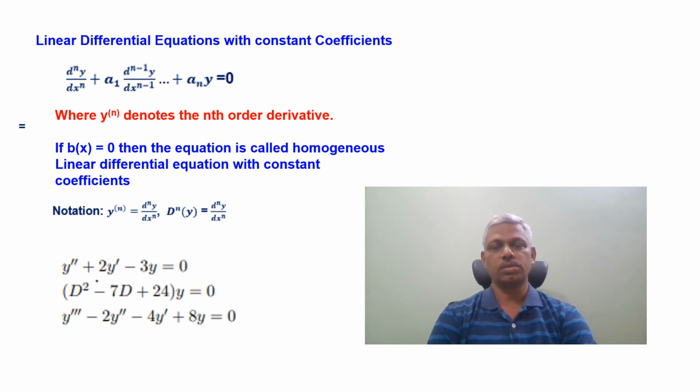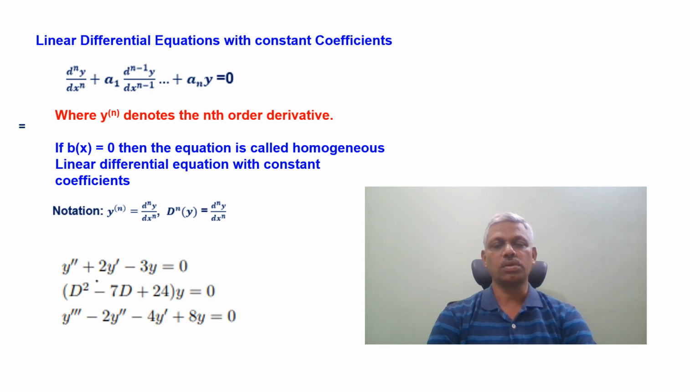To start with, different notations are followed. y' denotes dy by dx, y'' denotes d^2y by dx^2. Capital D can also be used as a derivative operator: d by dx denotes capital D, so D of y is d by dx of y.